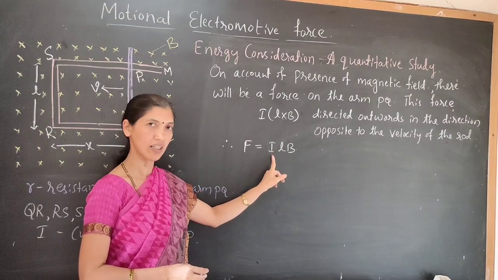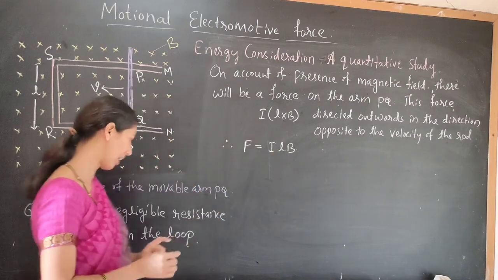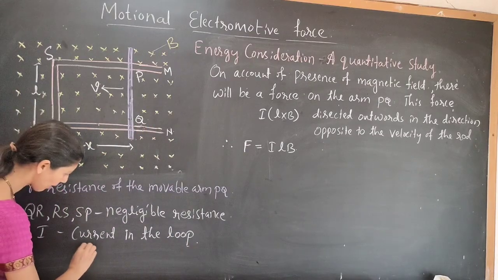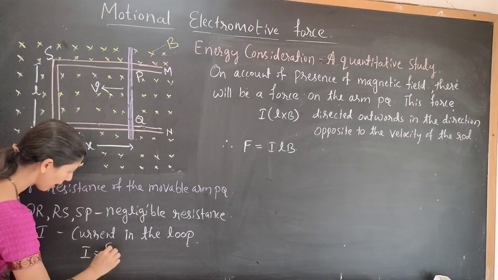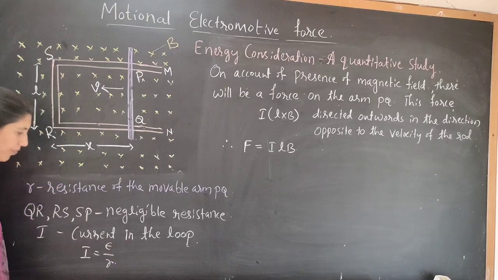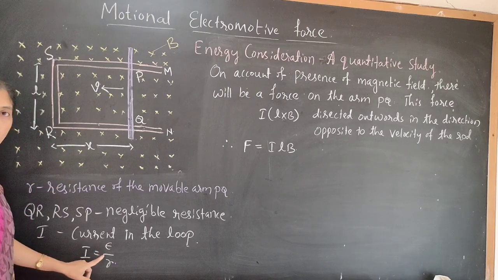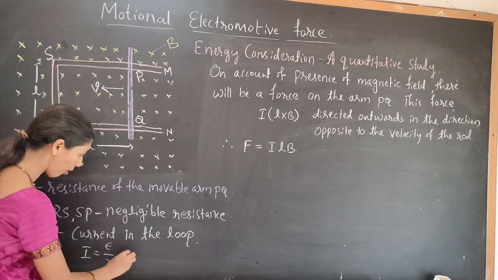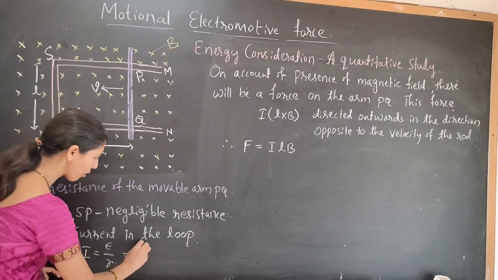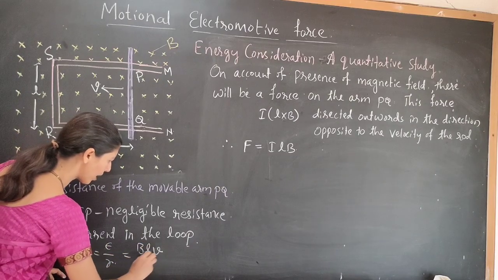Now, what is I? We have to calculate it. I is equal to E divided by R, and just now we derived that the induced EMF E is equal to BLV.